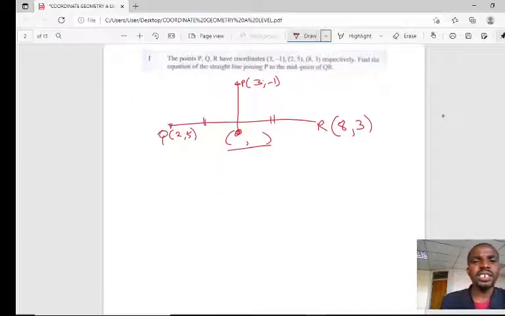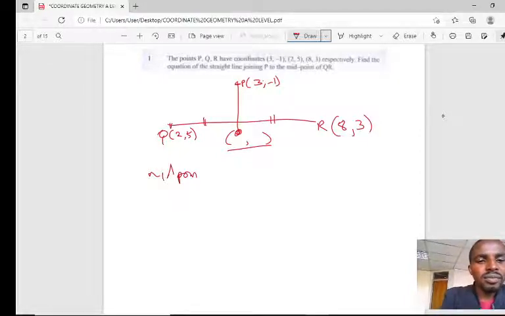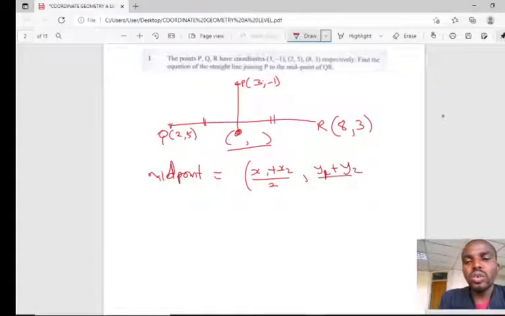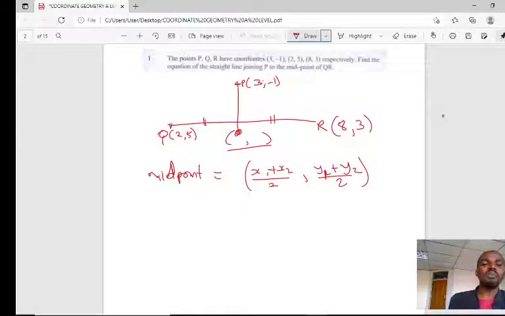Let's do it. Right, so the first part is the midpoint. Midpoint, we say (x1 plus x2) over 2, then (y1 plus y2) over 2. That's the midpoint.